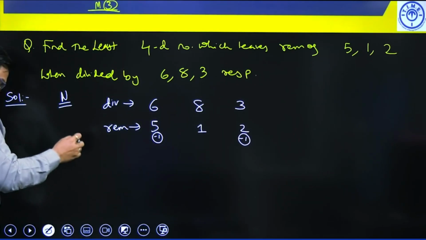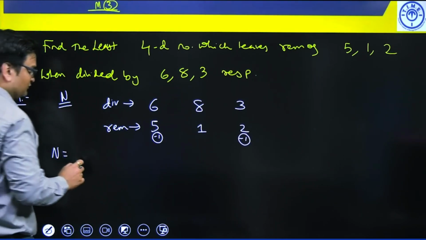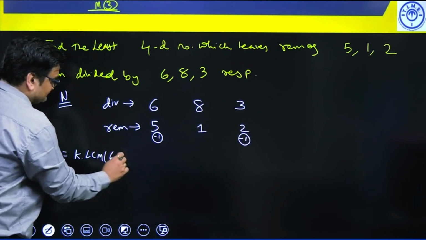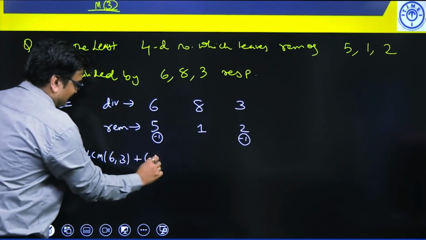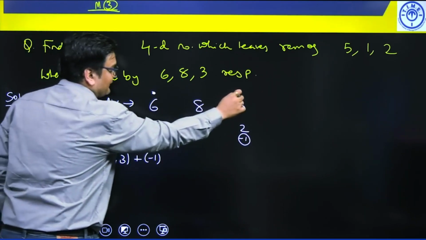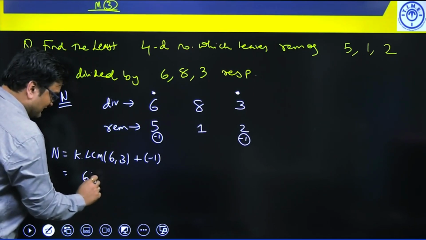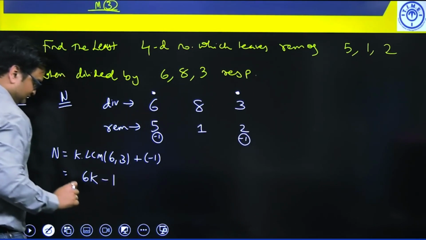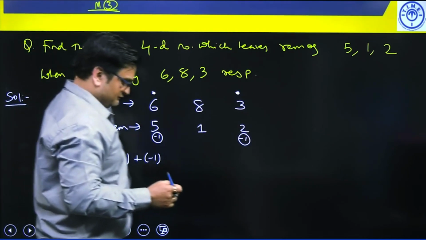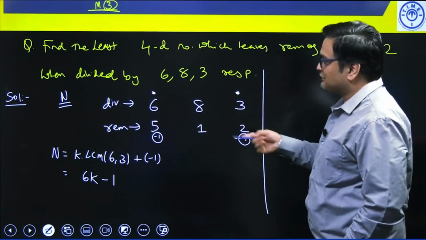So, can I say the number n will be equal to k into LCM of the divisors plus common remainder, minus 1. Please note I am only combining these two. So, it is going to be LCM of these two, 6k minus 1.